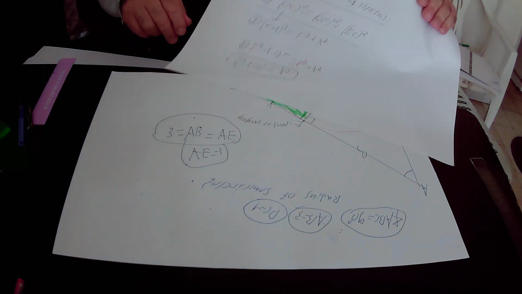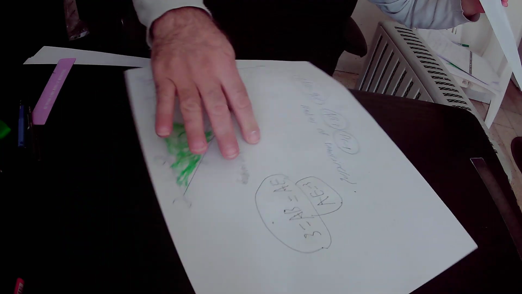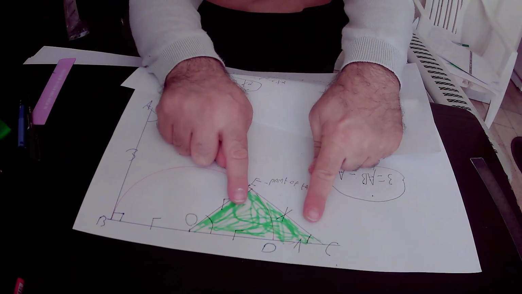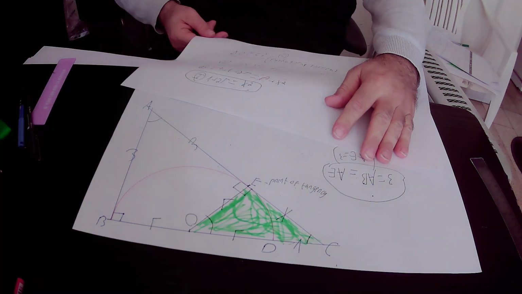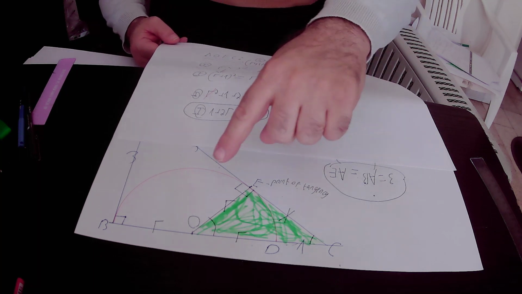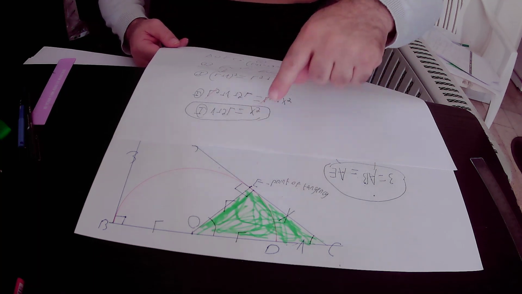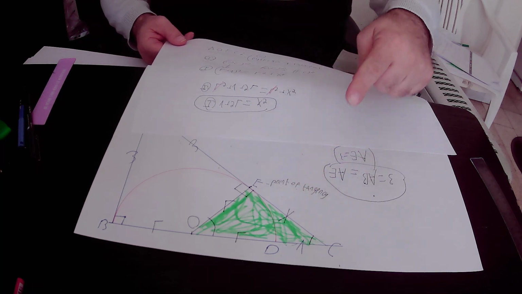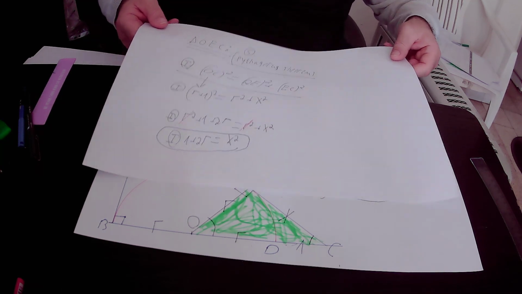OC equals R plus 1, so OC squared is (R plus 1) squared. OE equals R, so OE squared is R squared, and EC equals X according to our definition, so EC squared is X squared.